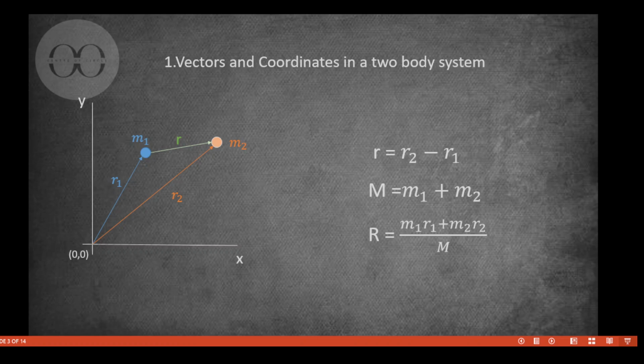So at first, here you can see there are two objects in space with mass m1 and mass m2.